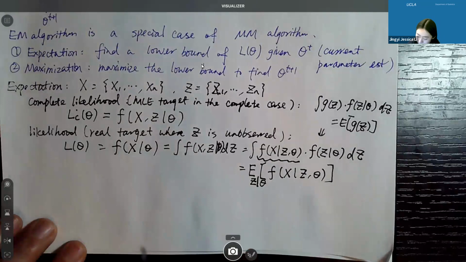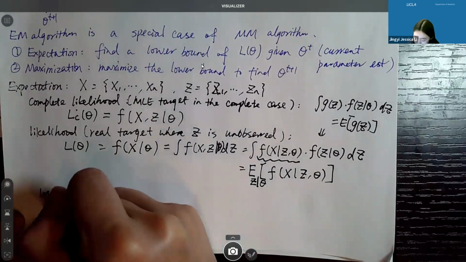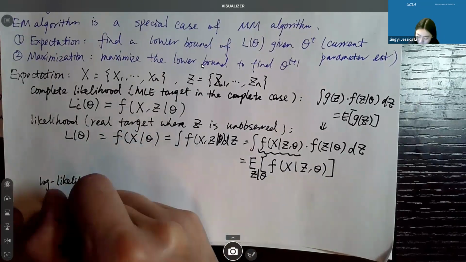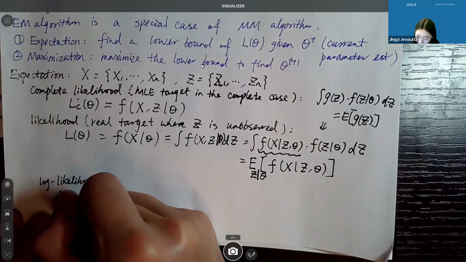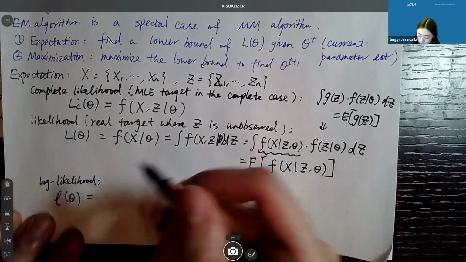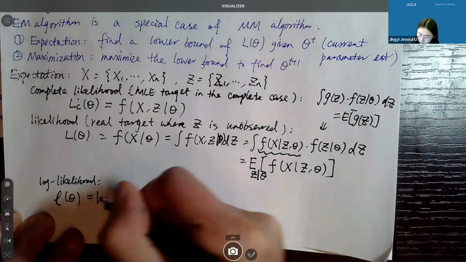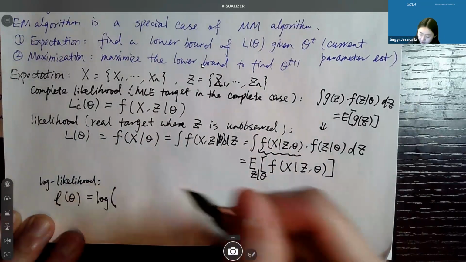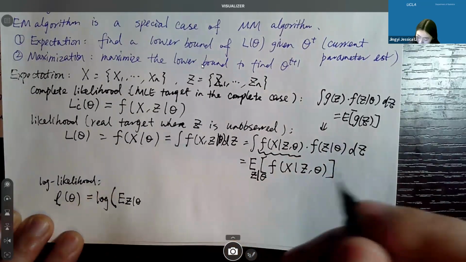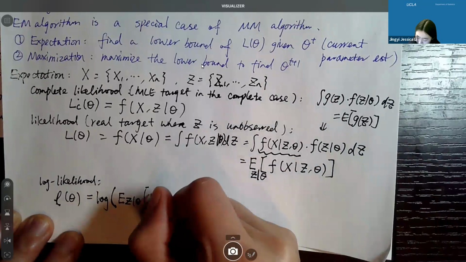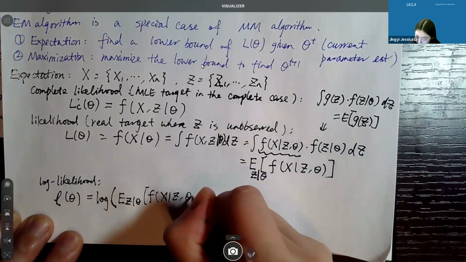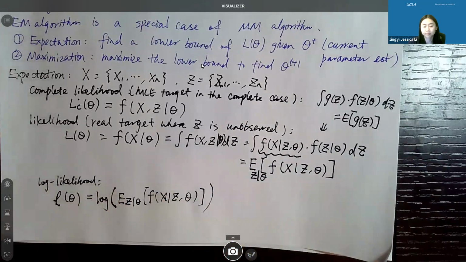So for the log likelihood, which we call small l of theta, it will become the log of this expectation, the expectation over z given theta. Okay, this is it.